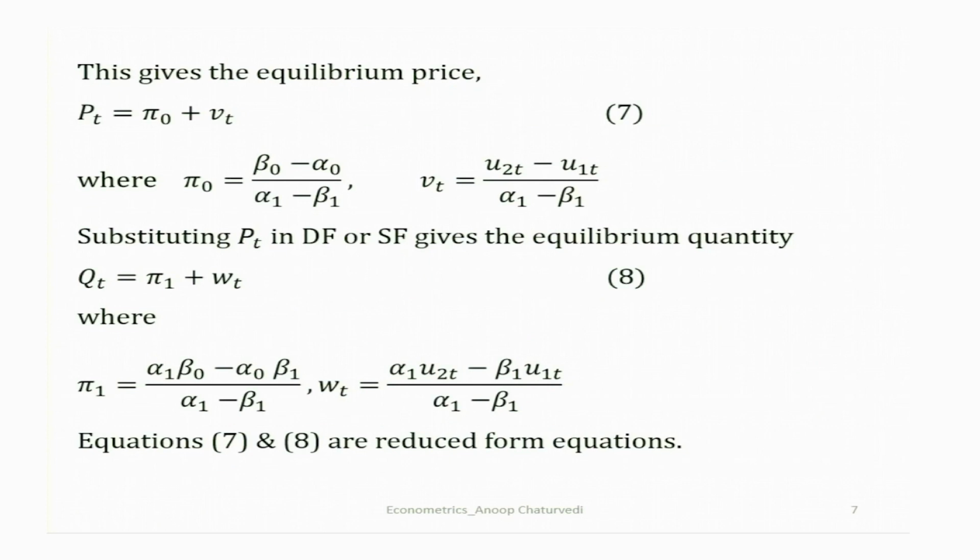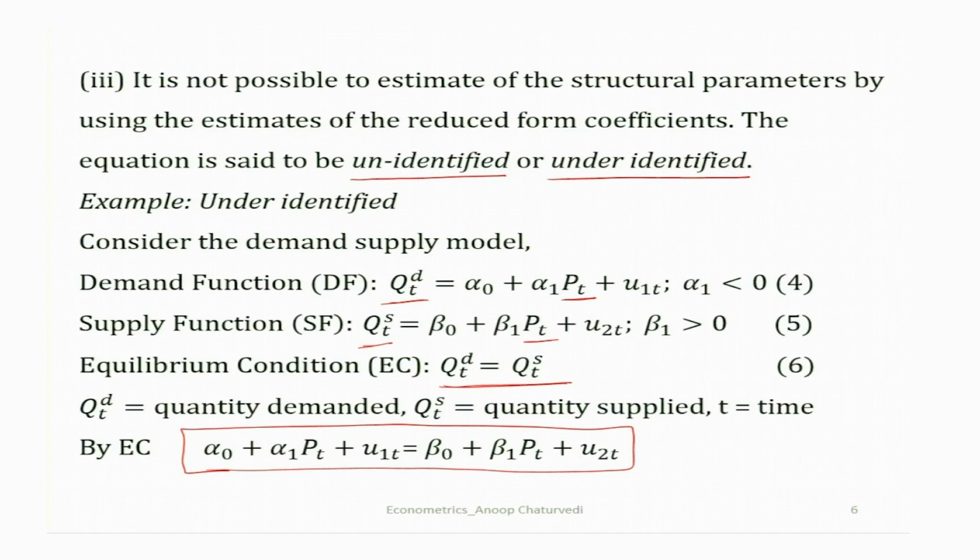So, if we solve this equation, what do we get? We get alpha 1 minus beta 1 p t, taking this term to the left hand side, equal to beta naught minus alpha naught plus u 2 t minus u 1 t, and then you can obtain the value of p t from here.